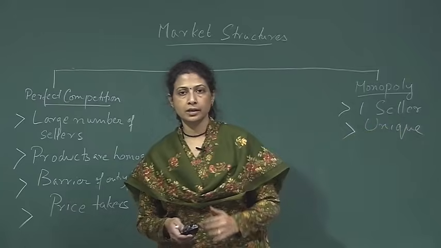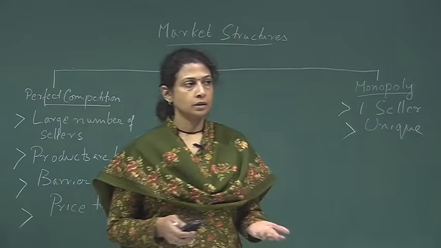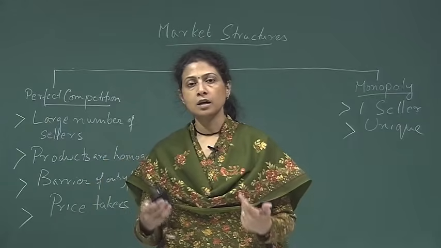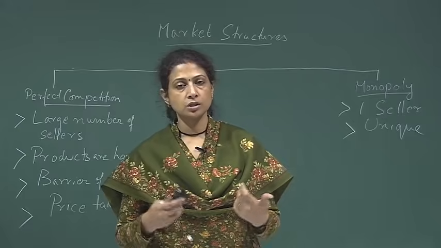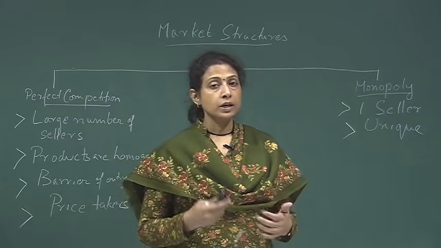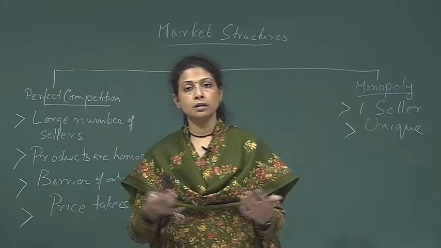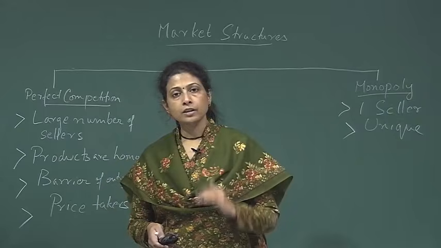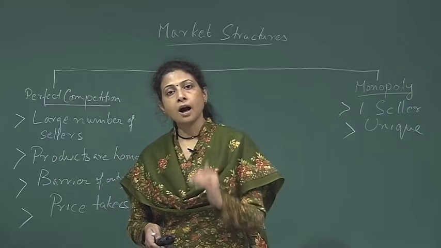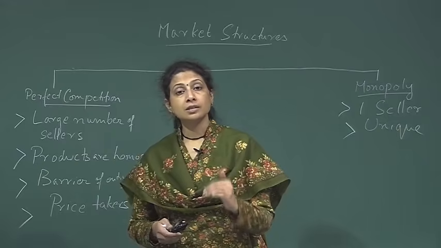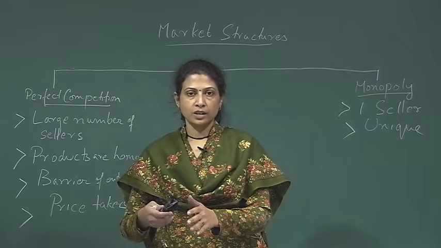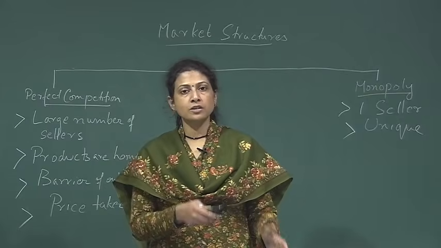Another example is, say, the Indian Railways. This is the one single organization which is catering to the railway requirement of the entire huge country of India. Barrier of entry is high because it is not easy to set up a parallel railway network, given that one is already existing.